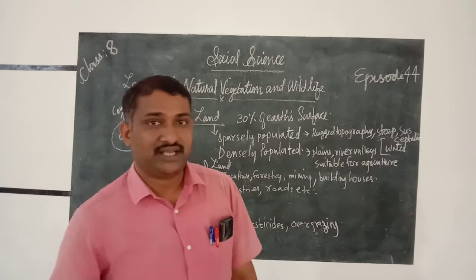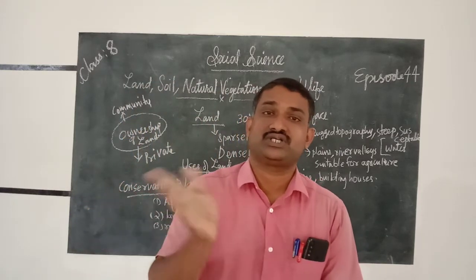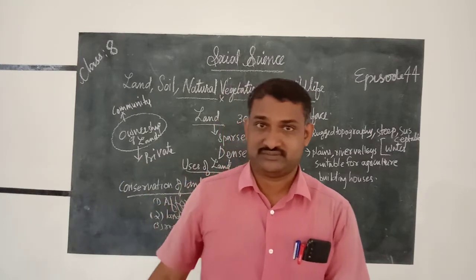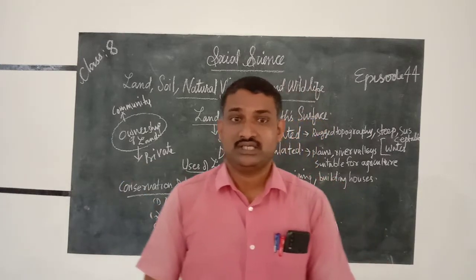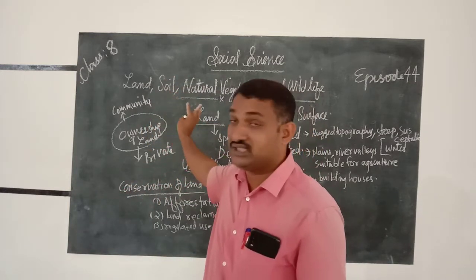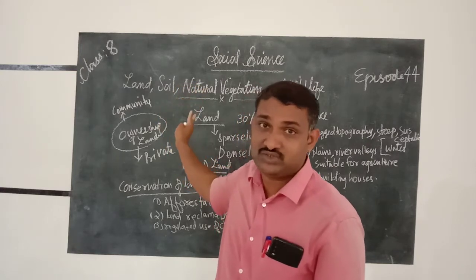If you destroy plants, definitely that may lead to the destruction of birds as well as animals. I hope that you understood this. Next, once again we want to revise all these things. Which are the things we learned, we understood, which are the things we revised today?